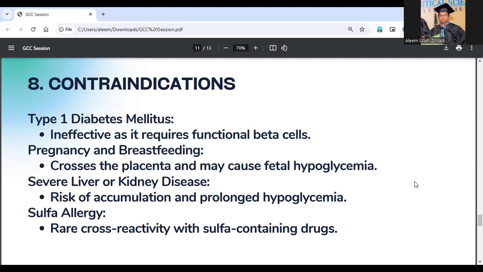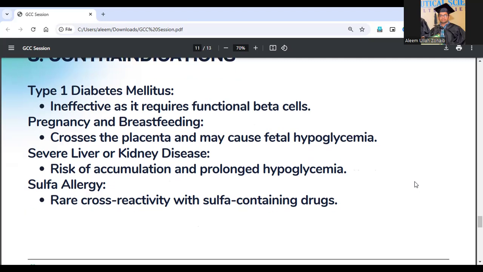Severe liver and kidney disease: risk of accumulation and prolonged hypoglycemia. When there is a kidney failure or liver failure, the drug cannot be eliminated from the body and stays for a longer time. So the duration of action becomes more and causes accumulation of the drug. Also sulfa allergy: rare cross-sensitivity with sulfur-containing drugs.